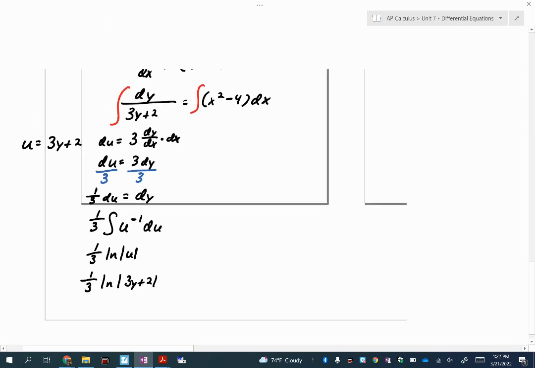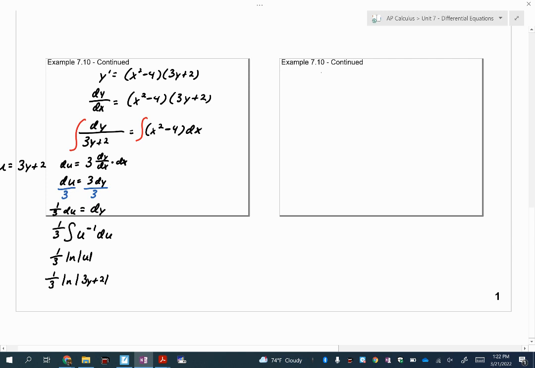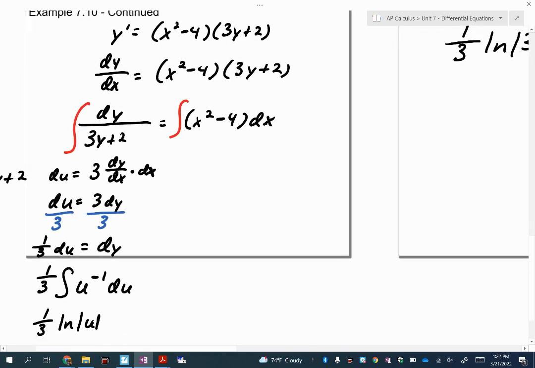Let me move to the last slide to show you where I am. This is what the left side became: 1/3 times the natural log of the absolute value of 3y plus 2 equals, and I didn't actually do this yet, so let me show my work here.